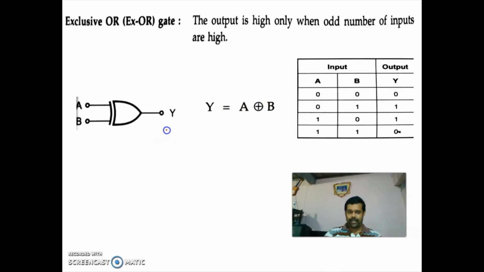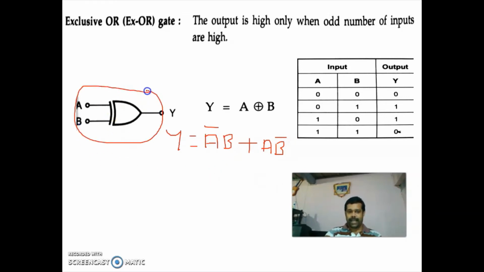So this is nothing but A bar B plus A B bar. This is a diagram of XOR gate, and this is a Boolean expression for XOR gate. So this can be written in this form. So the symbol is nothing but XOR.